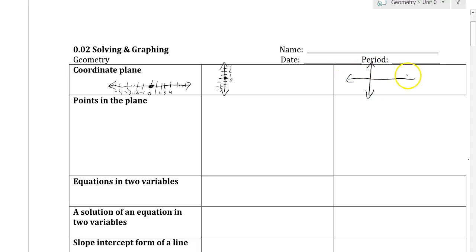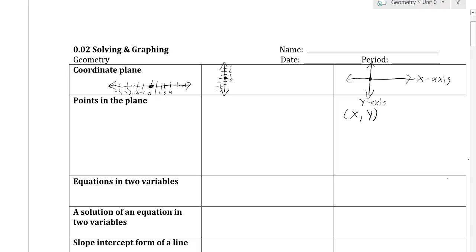Since we have two number lines going on, we're going to call those axes. And we're going to label one the x-axis. That's going to be the horizontal one, the left-right one. And we're going to label one the y-axis. Our points are always going to come x first, y second.